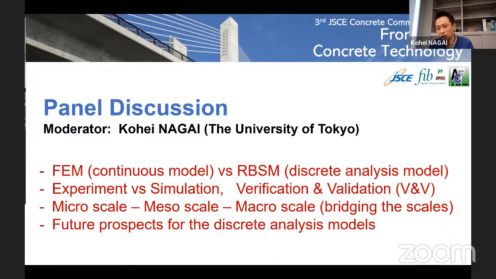If you have an experimental result with a very detailed cracking pattern and this crack doesn't match the simulation, your simulation may be considered not correct, even though the macroscopic load displacement curve is correct but the detailed cracking is different. So do you think that V and V is getting difficult if we use discrete analysis?